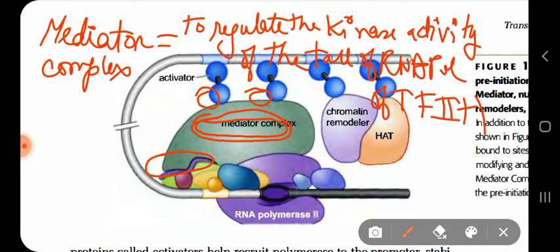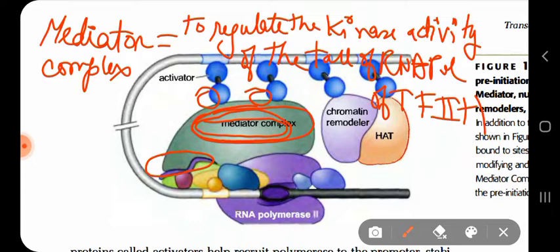So it regulates the carboxy terminal domain, or you can say the tail region of the RNA polymerase. It regulates the kinase activity, or you can say the phosphorylation of the tail of RNA polymerase as done by TFIIH. It also plays an important role in transcriptional activation, because without phosphorylation, proper elongation will not occur.